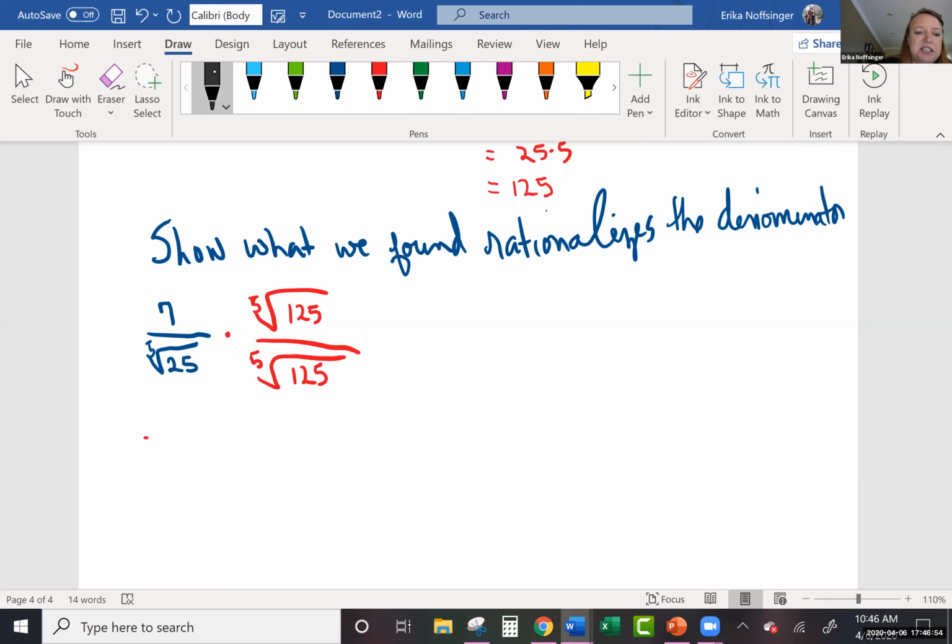And so this is just equal to 7 times the 5th root of 125 all over, well, that's the same thing as the 5th root of 5 to the 5th power, which is just 5. Okay, so there's no more radical in the denominator.